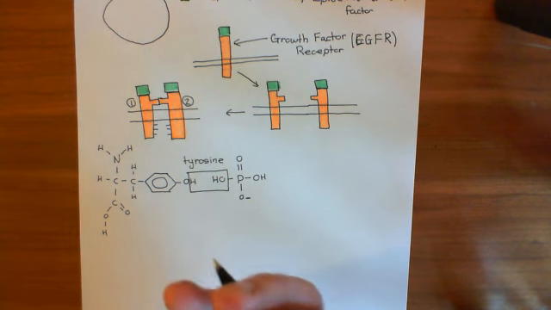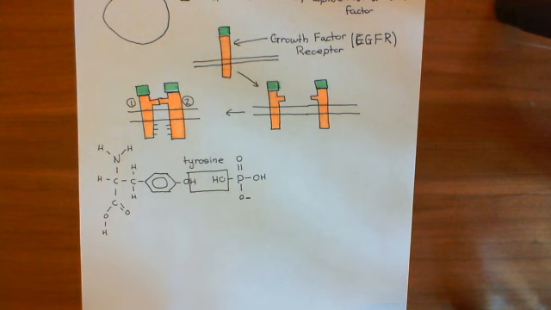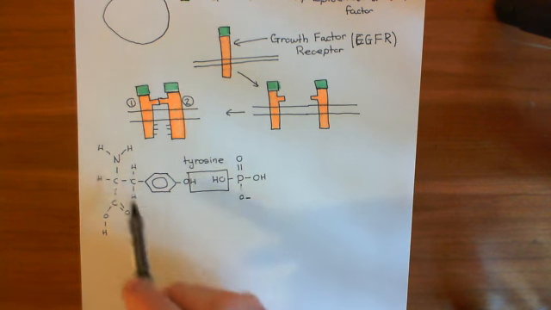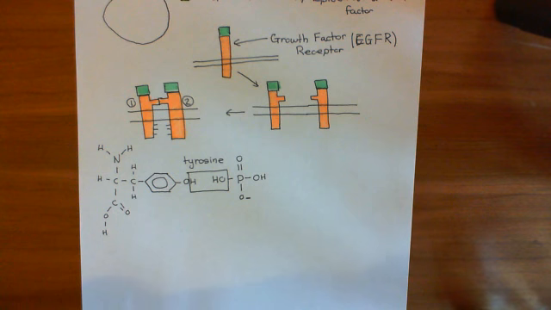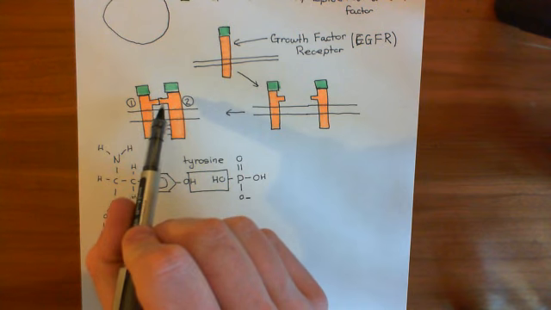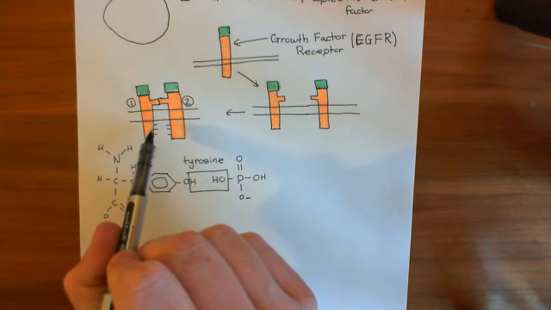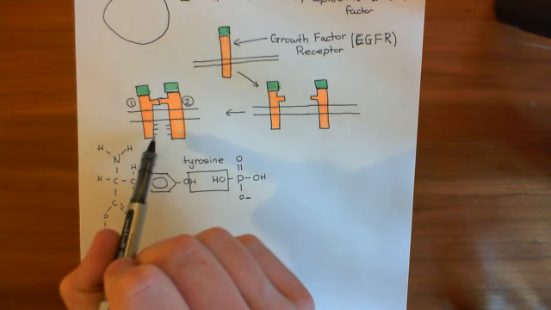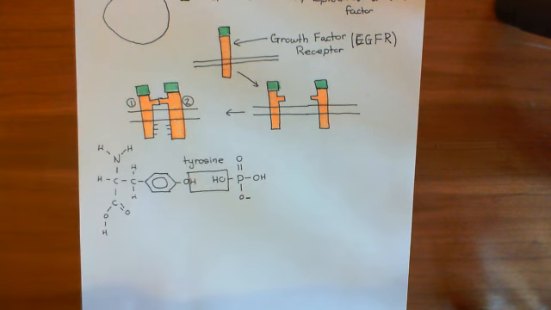Instead, what you'll do is you'll take ATP generally, snatch a phosphate group off that, and bind it on here. Okay, and the energy that's released by the hydrolysis of ATP will drive the addition of the phosphate group onto the tyrosine amino acid. Okay, so the point is that growth factor receptor 2 is going to phosphorylate the residues, the tyrosine residues, on growth factor receptor 1.